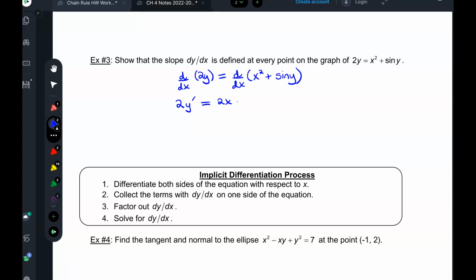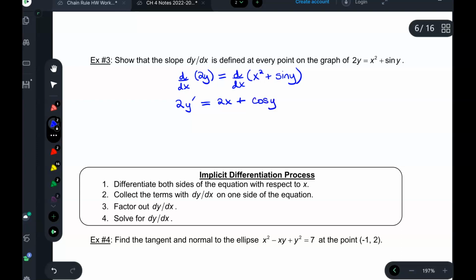Plus, now this is where it gets a little trickier, because now it's not just y squared, it's sine of y. What do you think we're going to have to do here? Chain rule. That's fine. What's the derivative of sine? Cosine of y, times the derivative of the inside, y prime.